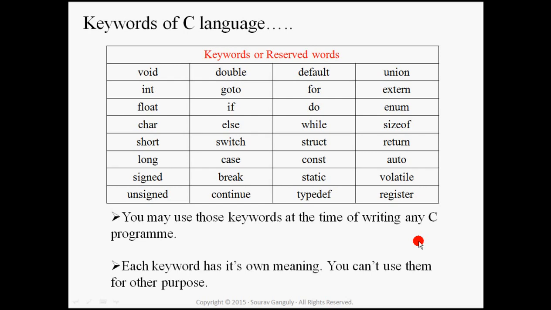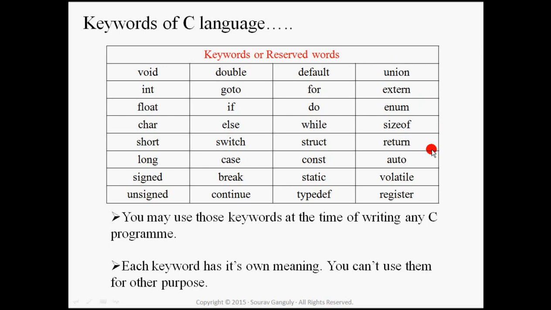Now come to the next point, what are keywords of C language? Sometimes we call these keywords reserved words. What does it mean? It means that these words have their own specific meaning to the compiler, and at the time of writing any program, these words will tell the compiler what we want to do. Void, int, float, char, short, long are all keywords.